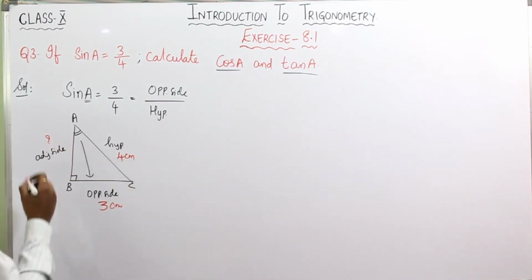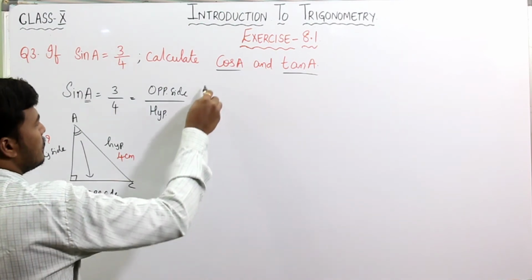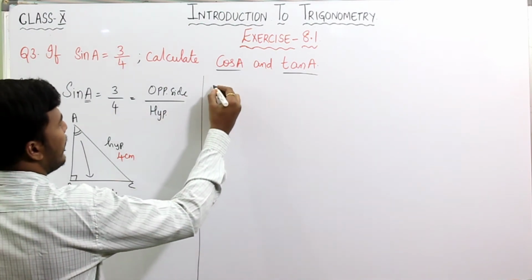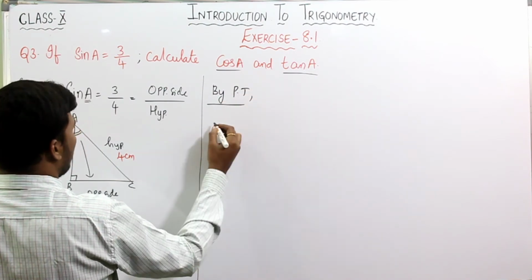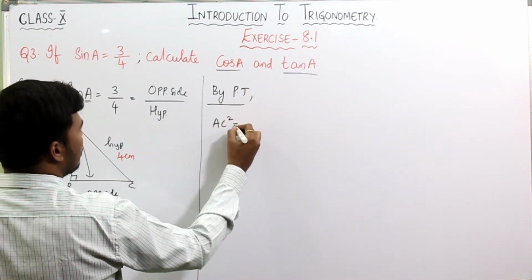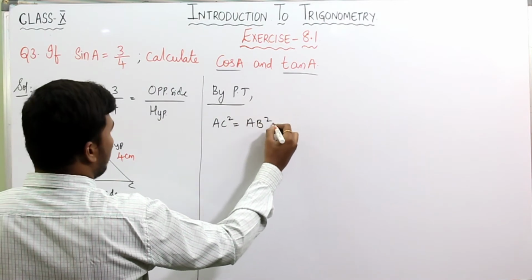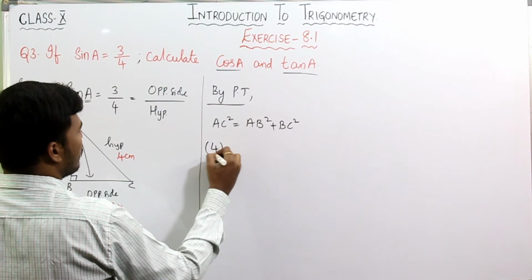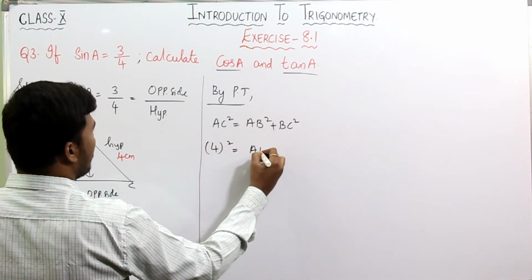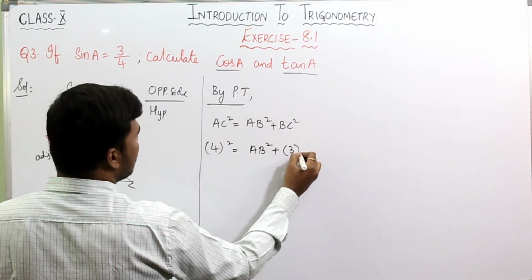Okay, let us find out the adjacent side by using the Pythagoras theorem. So by Pythagoras theorem, hypotenuse square, AC square, is equal to AB square plus BC square. So AC is 4 square is equal to AB, which is not given, plus BC, 3 square.